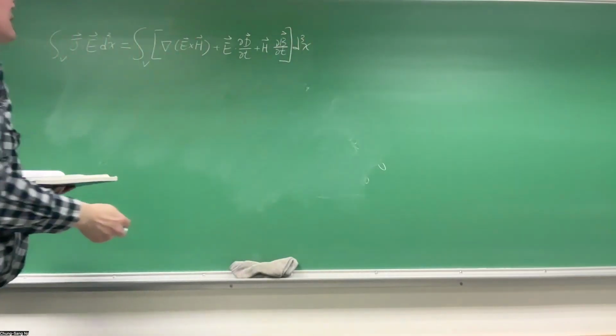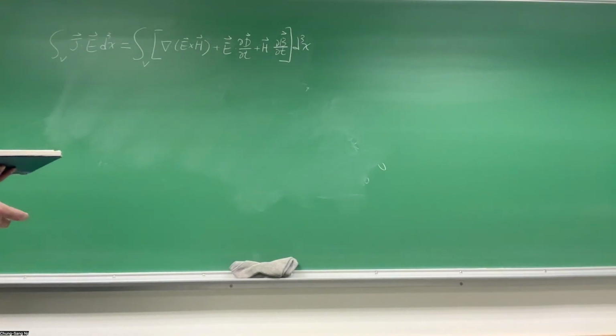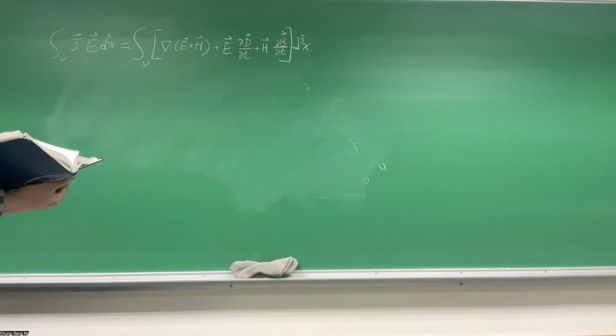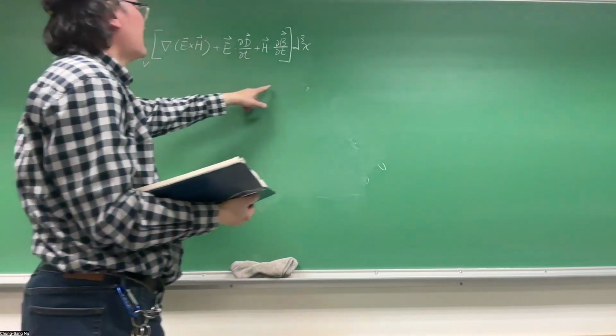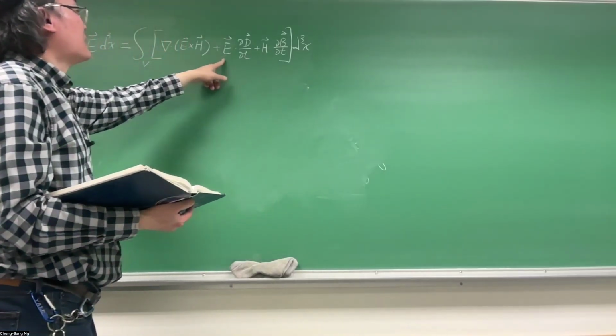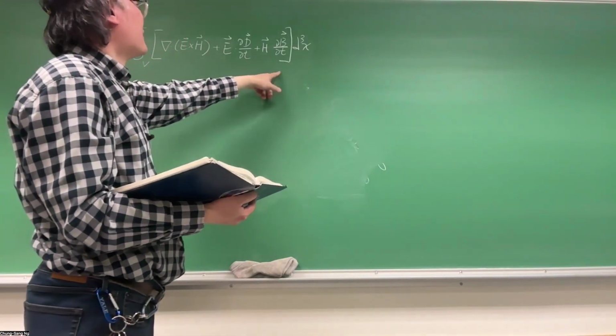To further derive the form of the Poynting theorem that we later wrote down, we assume a linear medium. So D is epsilon E, and H is B over mu.